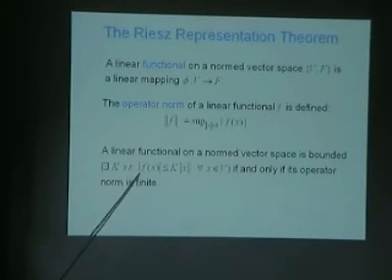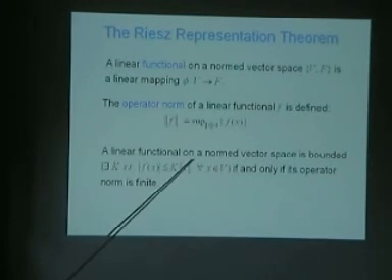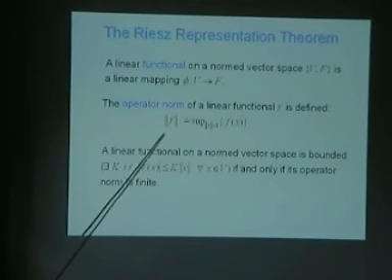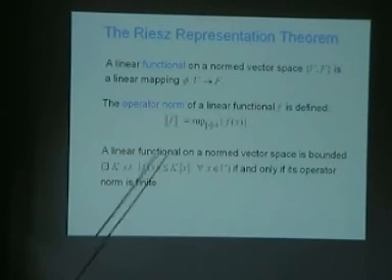It's very intuitive: if this is bounded by some constant times the norm of x, where this is just a modulus, but this is the Hilbert space norm, for all x in the vector space, if and only if the operator norm is finite. So I've told you what bounded means, and I'm figuring out a theorem about boundedness: this is finite and it's bounded.